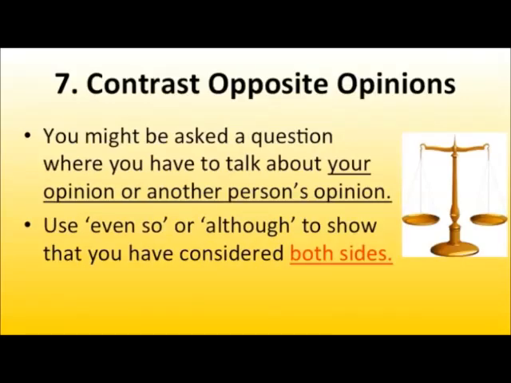The next trick is to add contrasting, opposite opinions. You might be asked a question where you have to talk about your opinion or another person's opinion. Use words like even so or although to show that you have considered both sides of the opinion. Let's look at an example for this.